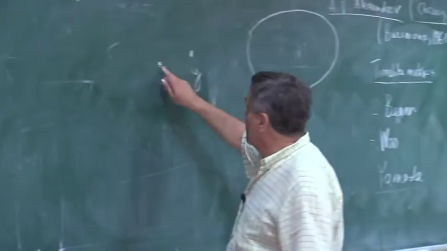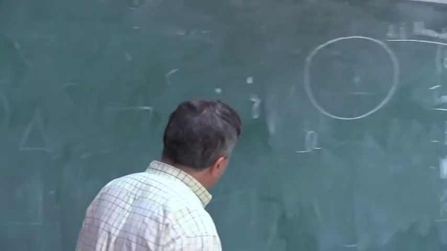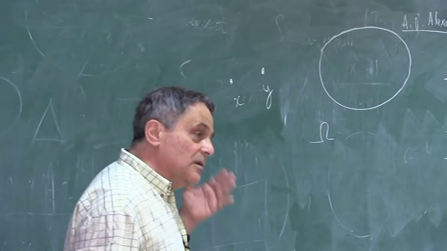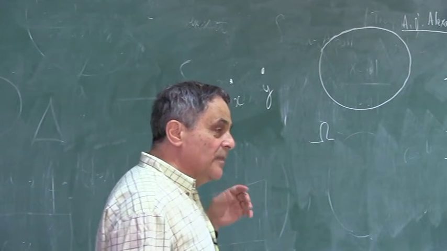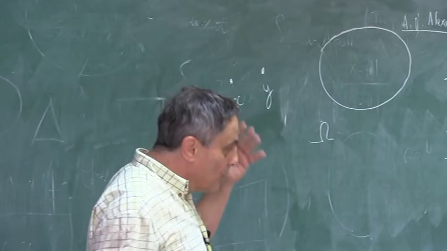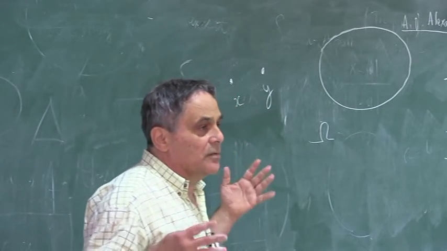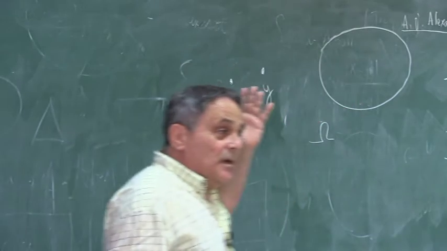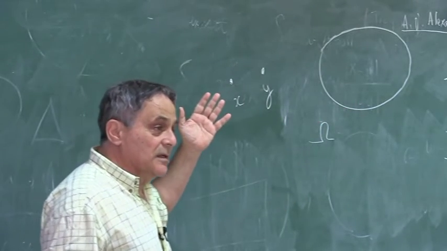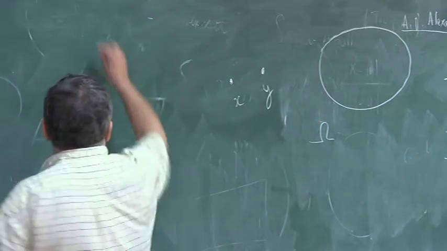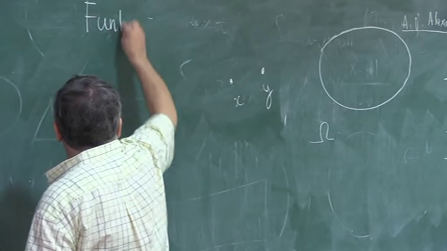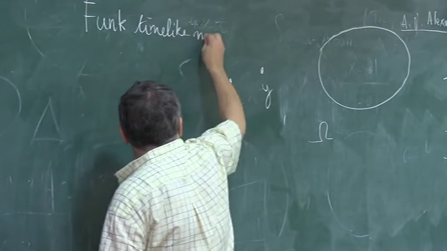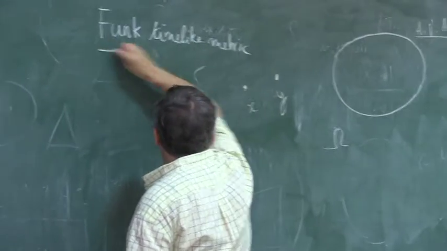You have 2 points in the exterior of this convex set, and you want to define a distance from x to y, and you want to imitate something which you know, right? We want to imitate some reasonable distance for convex sets. So the first thing is that you want to imitate the Funk metric. So you get something called the Funk time-like metric.